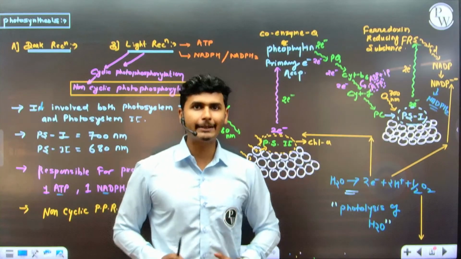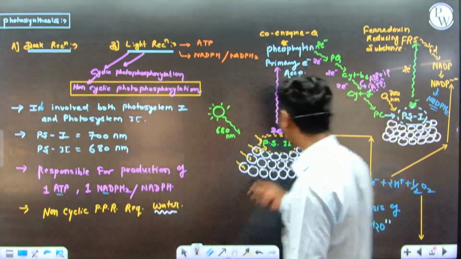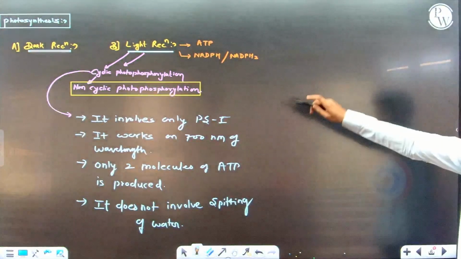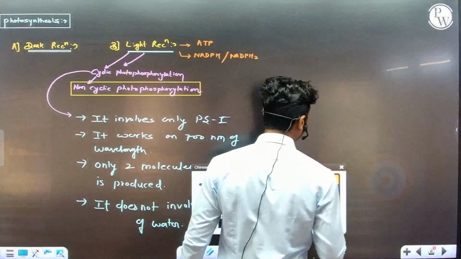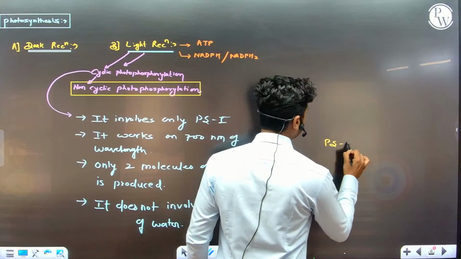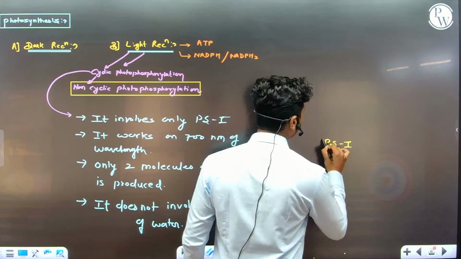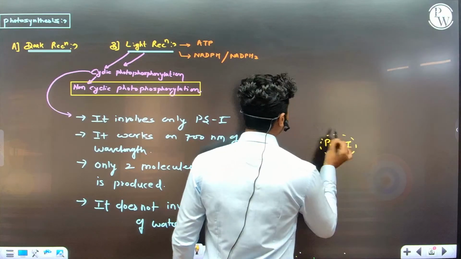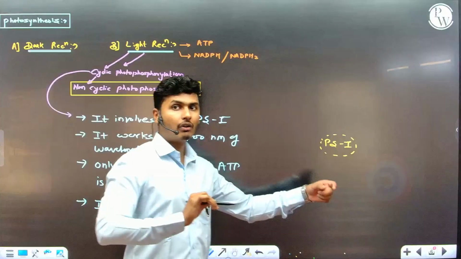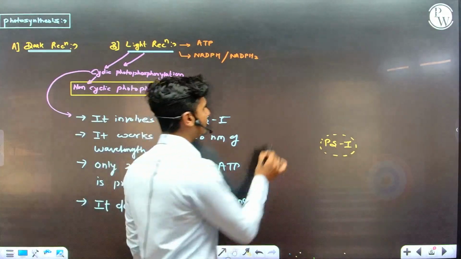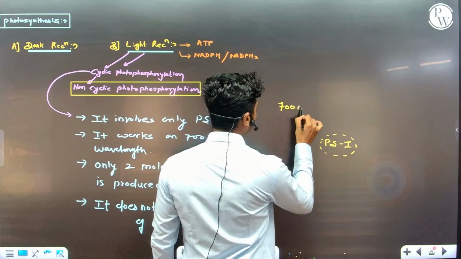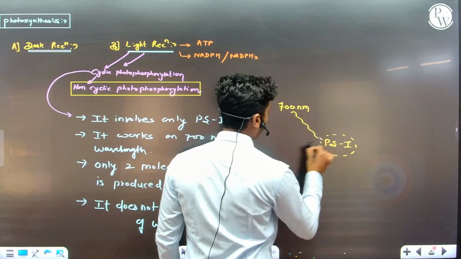If you understood my point, let's move to the next topic, which is cyclic photophosphorylation. I'm starting cyclic photophosphorylation with PS1 because it involves only PS1. If I ask you the wavelength of absorption of PS1, it is 700 nanometer, right? 700 nanometer is absorbed by PS1.